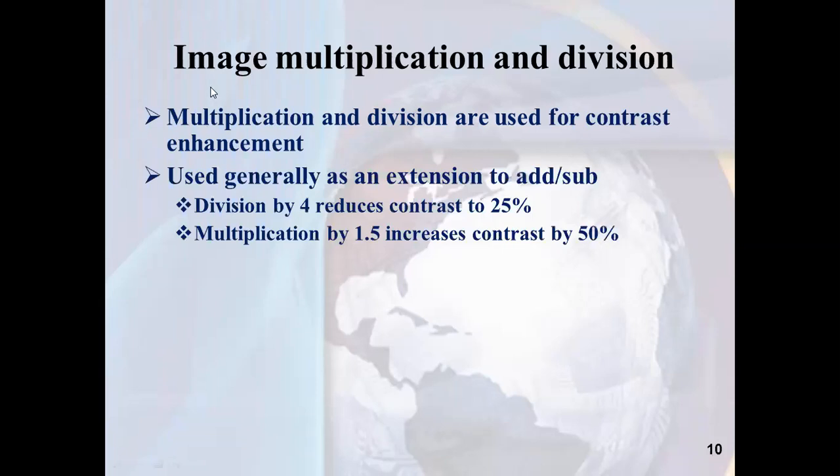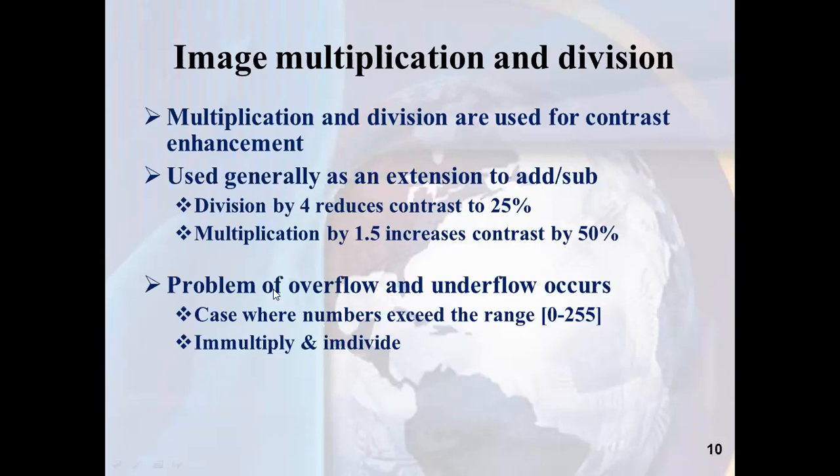So in general, image multiplication and division are used as an extension to add and subtract. We may multiply or divide, then make an addition. For example, if I divide by 4, I reduce the contrast by 25%. If I multiply by 1.5, I may increase the contrast by 50%. So we can apply any other numbers. This is just an example.